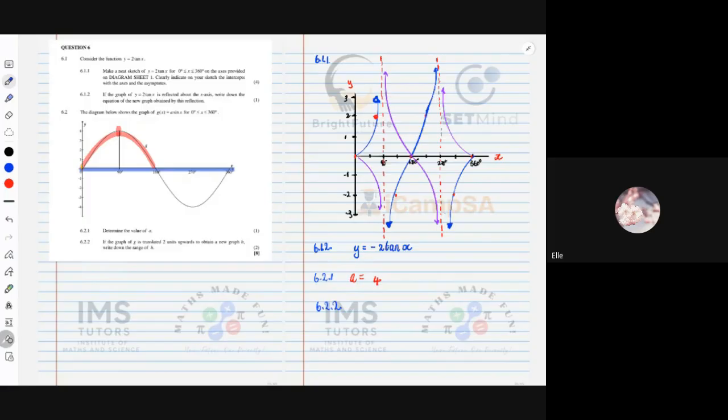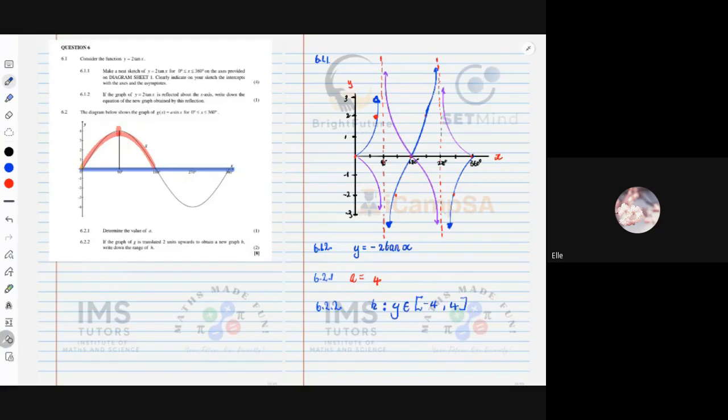Let's start by writing down the range of the graph of g. y is an element of, it starts from -4 to what? To 4. That's the range of the graph of g.